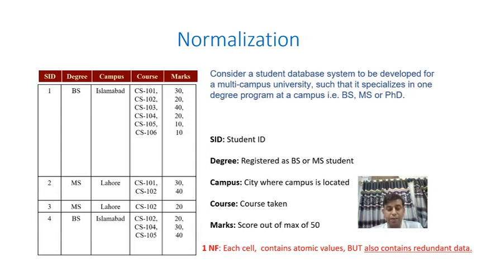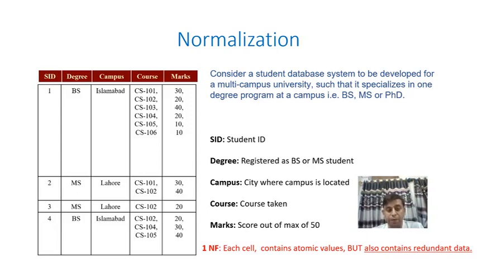So let's consider some data that is arranged in this tabular format, and in this data there are 5 different fields. What are the fields? SID stands for student ID, degree stands for degree, meaning in degree we can specify BS, MS or PhD, and degree is the name of the column in which some student is registered.